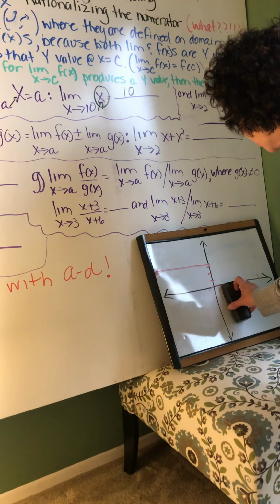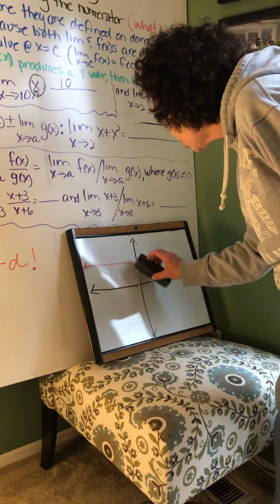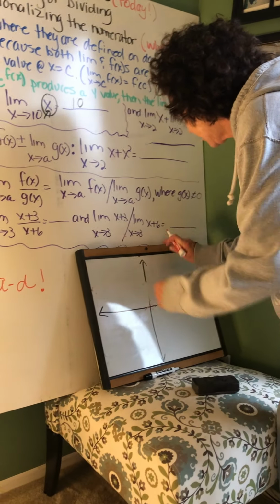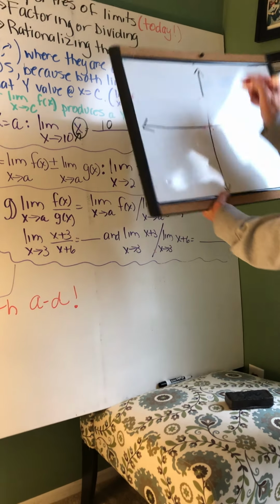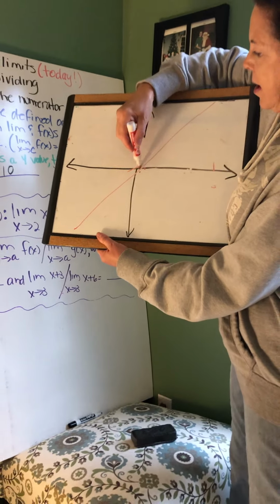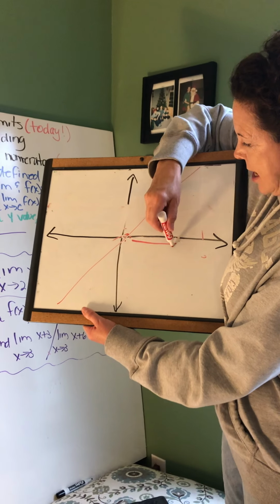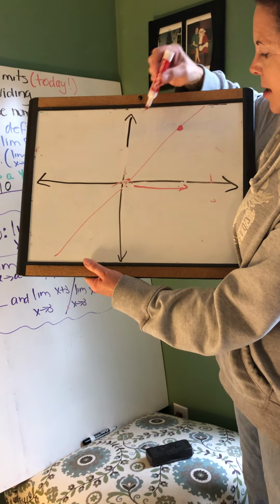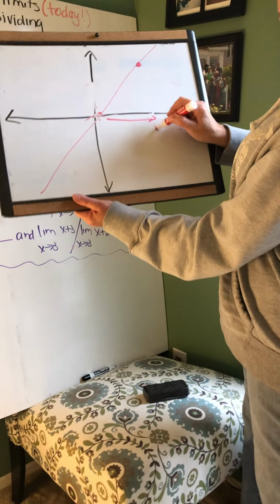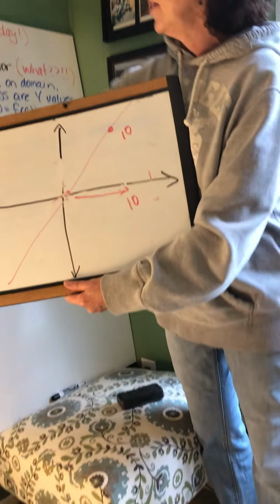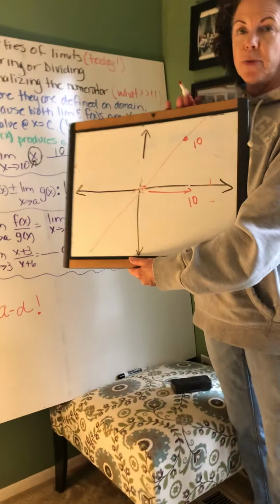That's that diagonal that cuts right across the first and the third quadrants. Here it is. There is the function y equals x graphically. So of course, as I approach 10, so does the function because it's the y equals x line. There we go. We evaluated the limit by direct substitution.